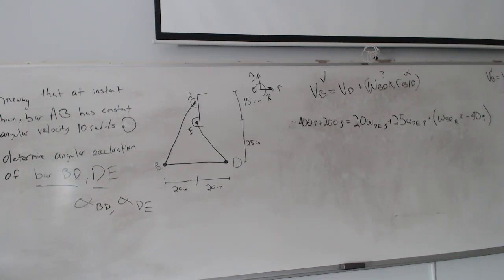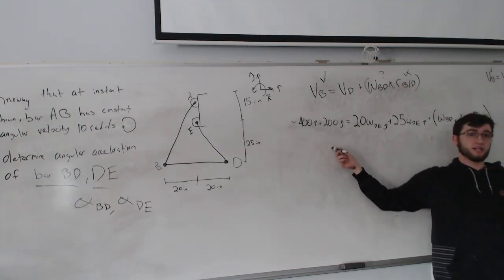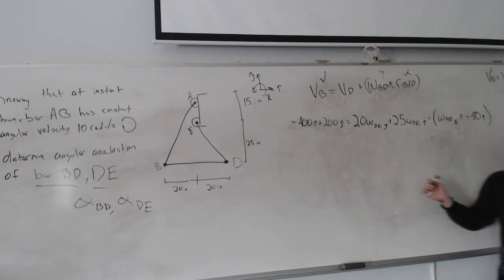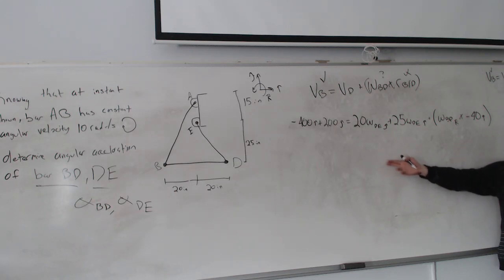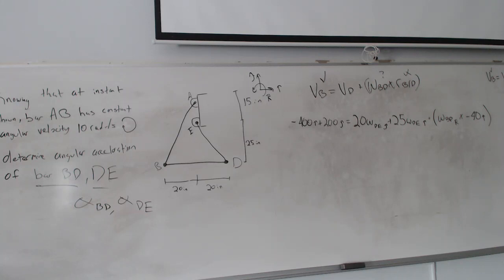Okay. So this is what we have here. So you might be tempted to say, okay, it's one equation, two unknowns, because DE and BD, but it's a vector equation. I have I and J components. So really this equation is two equations, and three even if you want to consider the K direction. But so how are we going to do this?